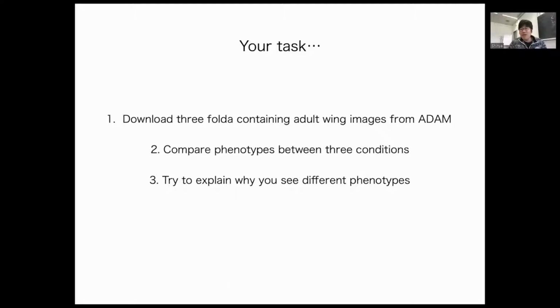You can just open the image and take coffee or go to the bathroom. You don't need to spend much time on this.